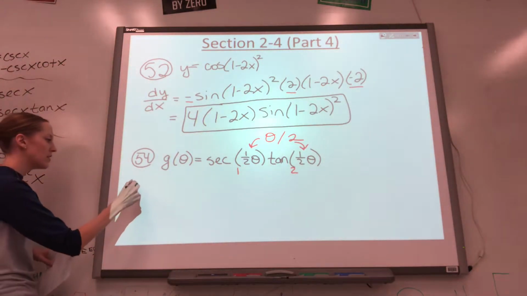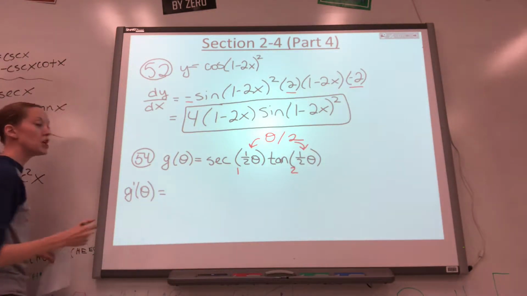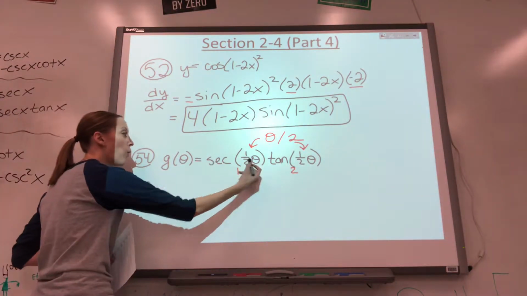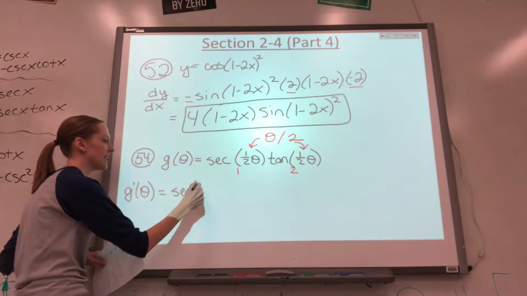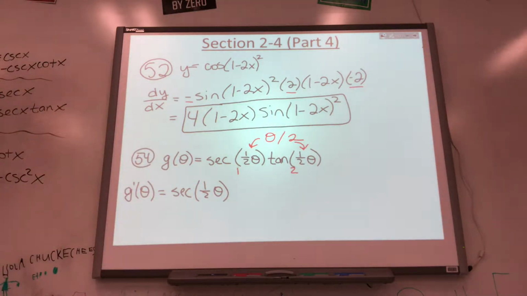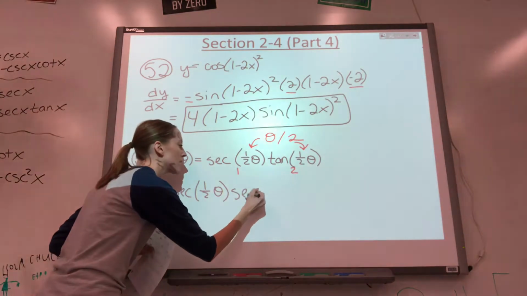So here we go. This looks weird, but this is g prime of theta, and it is 1, which is secant of 1/2 theta, d2, coming back to my derivative of tangent, which I am going to have to do the chain rule with, but just the derivative of tangent is secant squared.